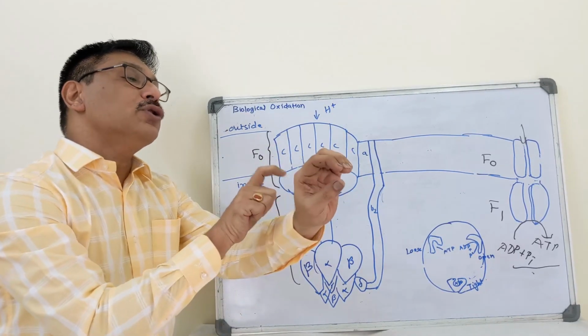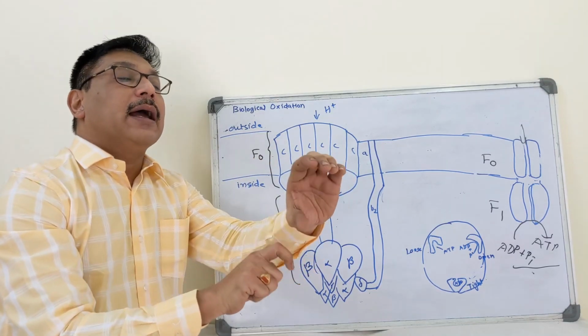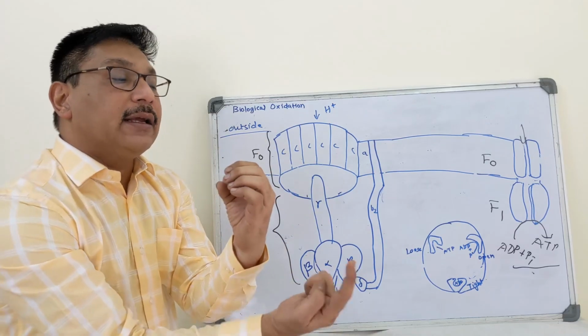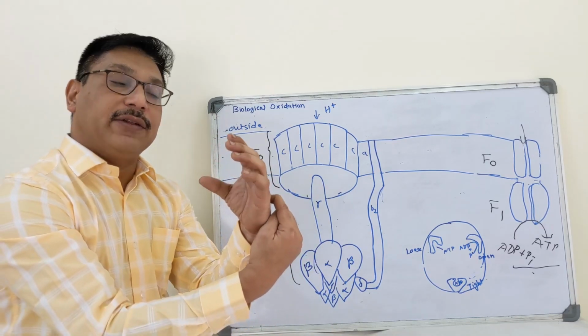The gamma subunit has moved to the second beta subunit and released ATP, and finally the gamma subunit has moved to the third beta subunit and released its ATP.